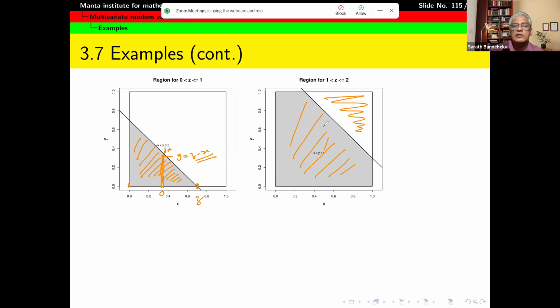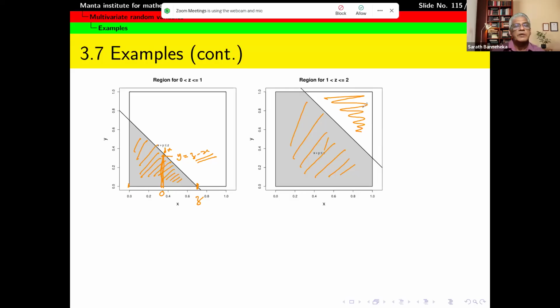In this case we don't have to do the integration, because we know that the value of the joint density is equal to 1. So the volume will be this area times 1, and that is the probability.